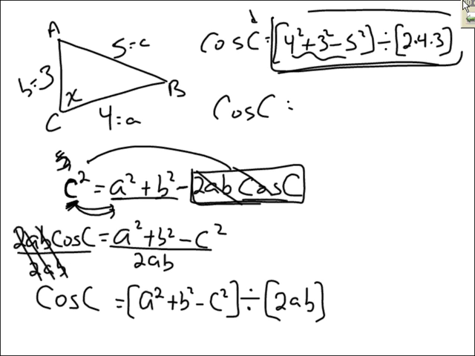And all of that gets divided, in brackets, by, I mean, you can just say 24 if you like, but you need to work it out. 2 times 4 times 3, and you get 0. The cosine of c is 0.